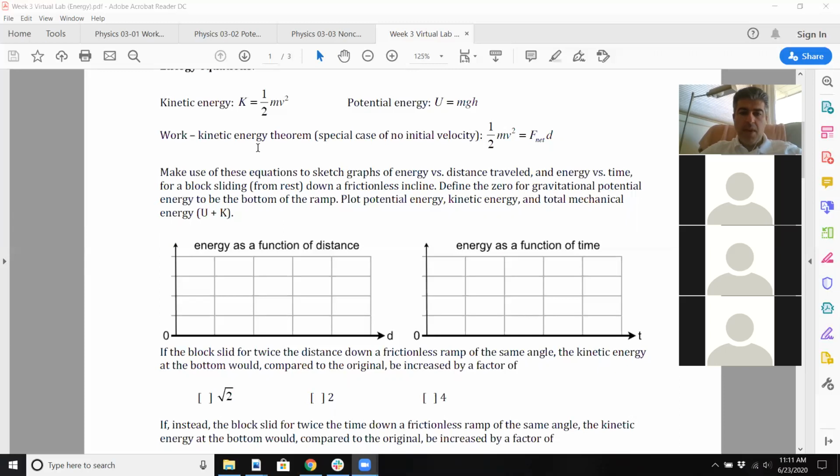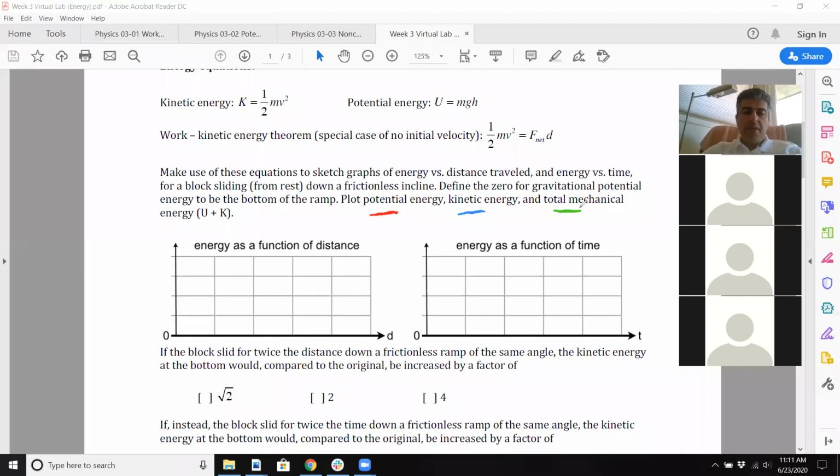Okay, so we're actually going to do 3 different graphs here. Our potential energy is going to be in red. Our kinetic energy is going to be in blue. And total mechanical energy we'll do in green.